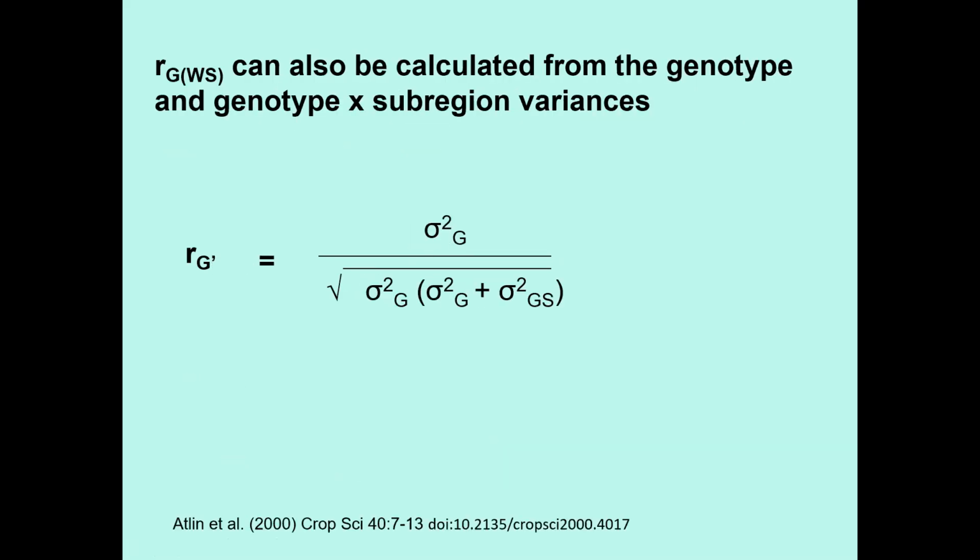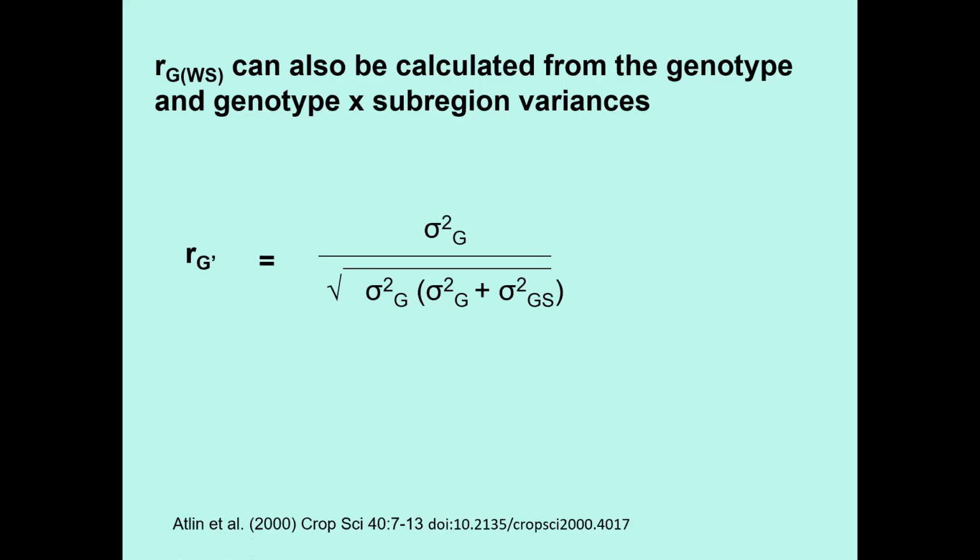You can also estimate it as an intra-class correlation coefficient. This is the formula for that. It's a function of the genetic variance across the whole region, and the genetic variance across the whole region times the genetic variance within each subregion after you've subdivided.